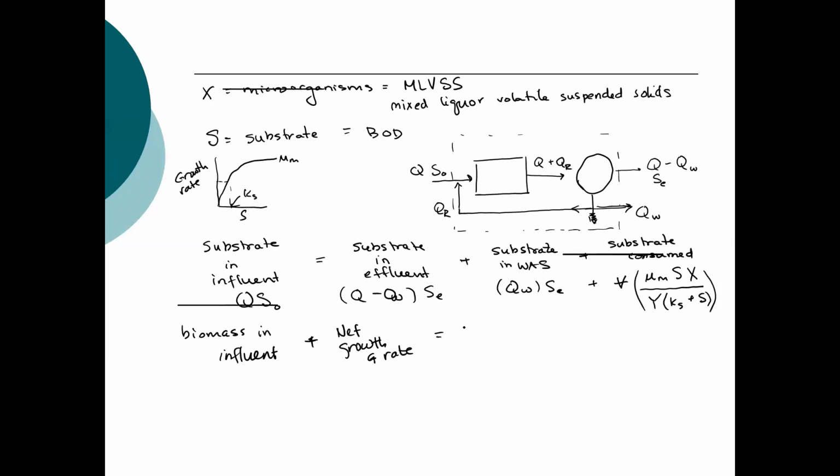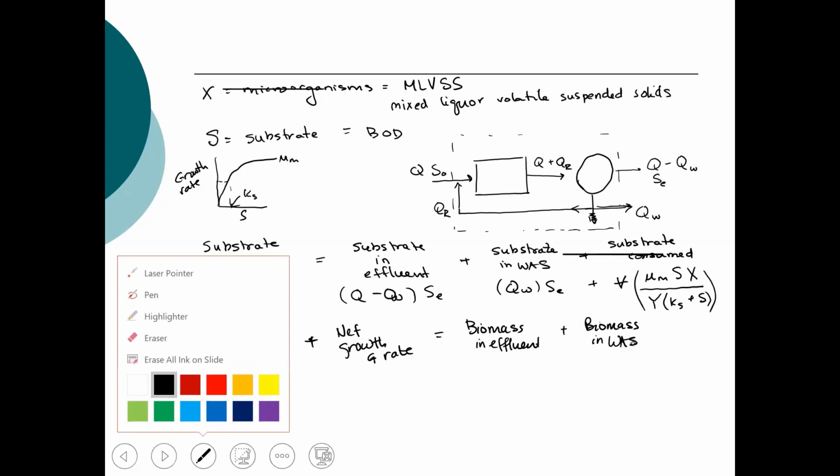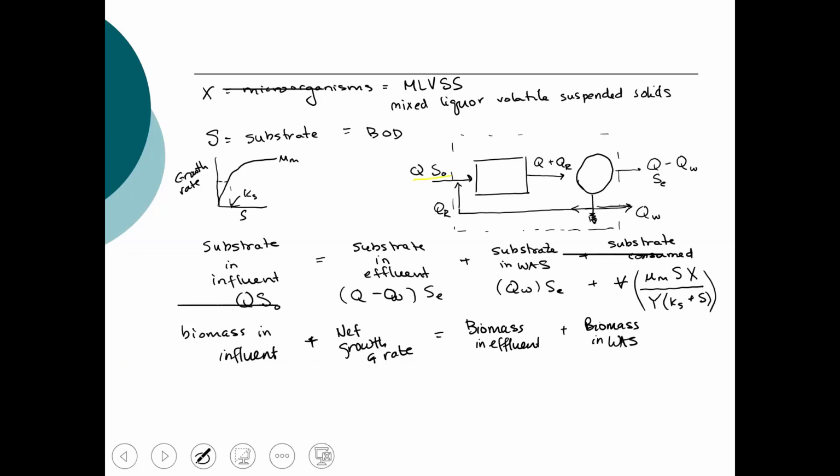And that is equal to the biomass in the effluent plus the biomass in the waste activated sludge. Again, always look at what's entering here and what's leaving. Okay. And then what's happening in this reactor.